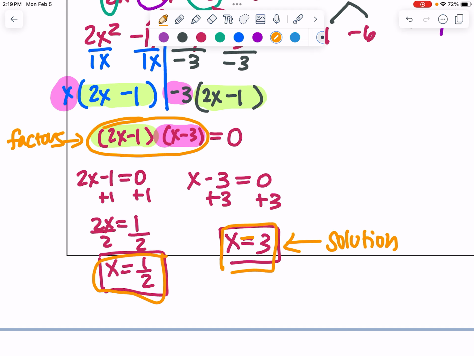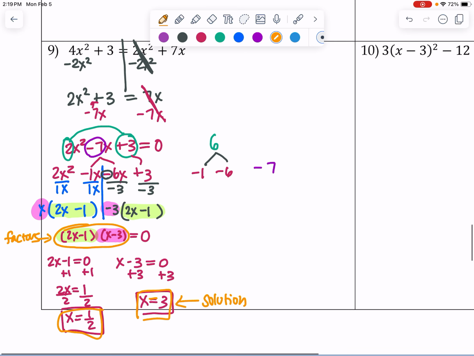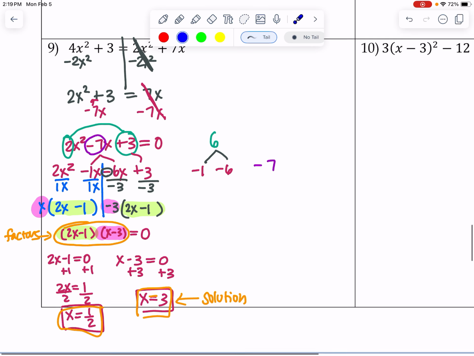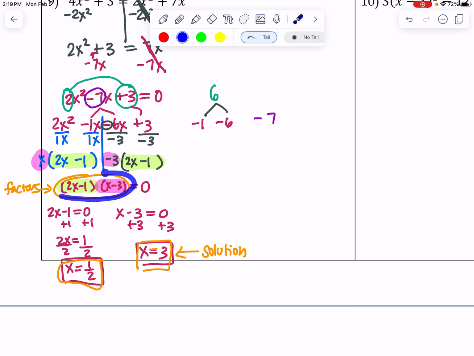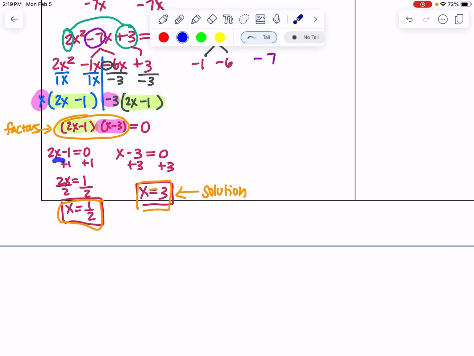And so no equal signs, they're just expressions in parentheses. And so this is the most in-depth problem we had. You first had to get it set equal to 0. Once you have it set equal to 0, you've got to get the factors, and we had to do it the long way. And then you can set your factors equal to 0 to get your solutions.